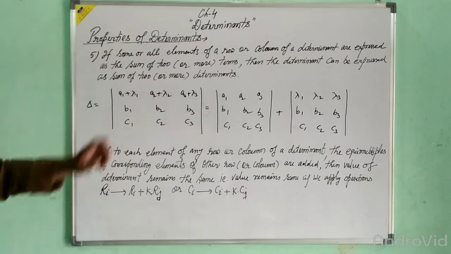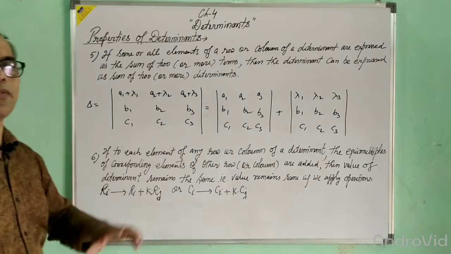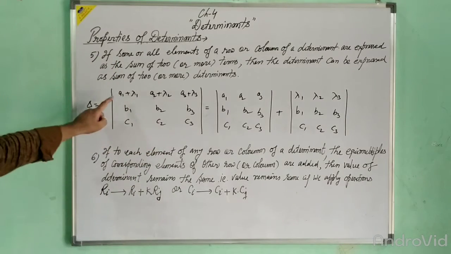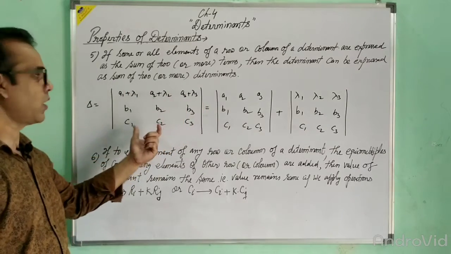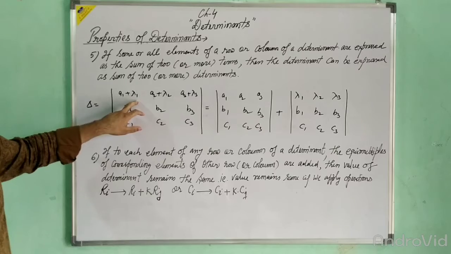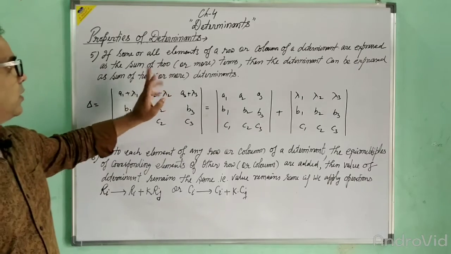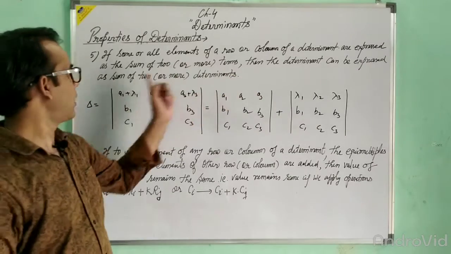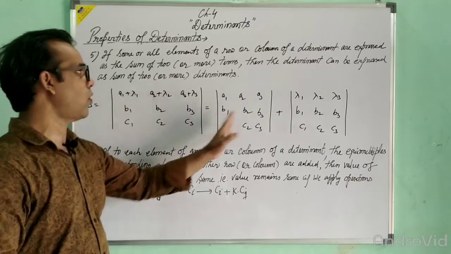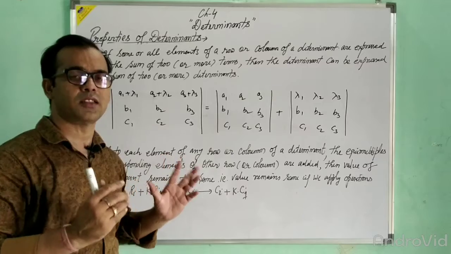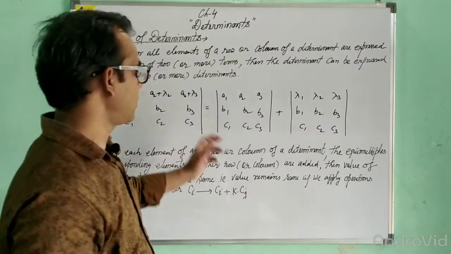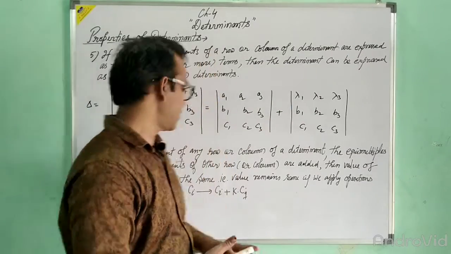It means if some or all elements of a row or column of a determinant are expressed as the sum of 2 or more terms, okay, here 2 terms have been added here, then the determinant can be expressed as the sum of 2 or more determinants. So here this determinant has been expressed as the sum of the 2 determinants.